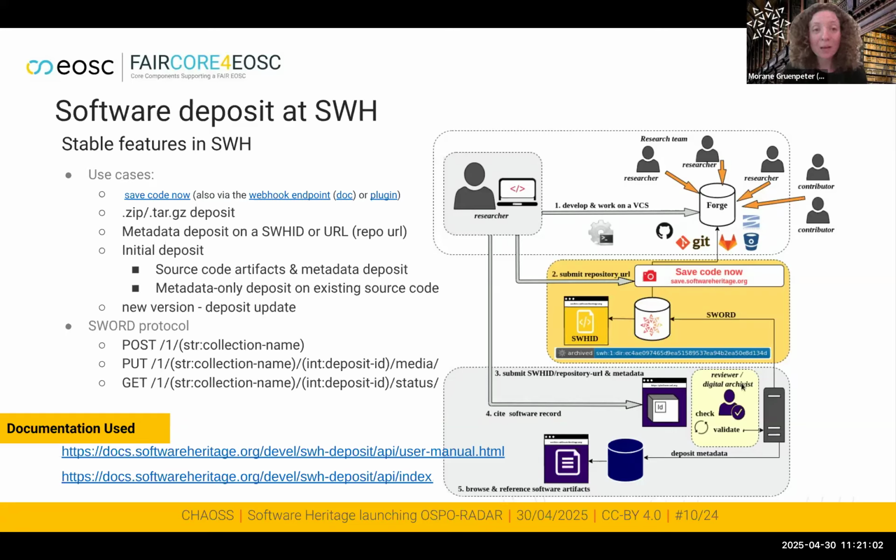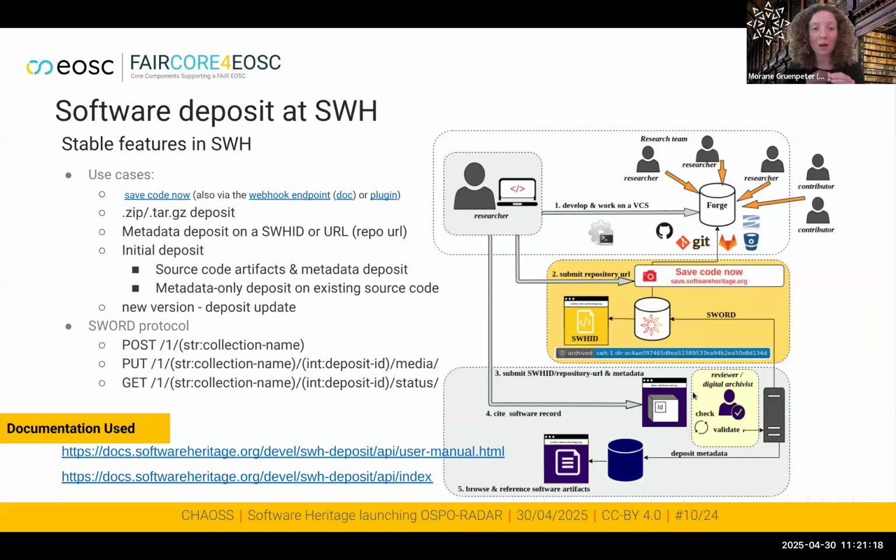Now, sometimes a reviewer, a digital archivist, can check and validate. That's the process done in HAL. There's some validation of the metadata. So there's a review of the metadata. And this is deposited in Software Heritage.